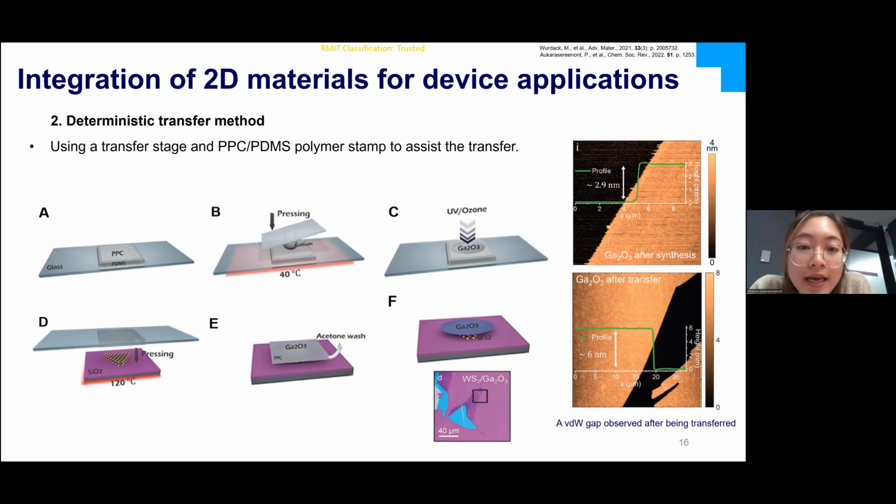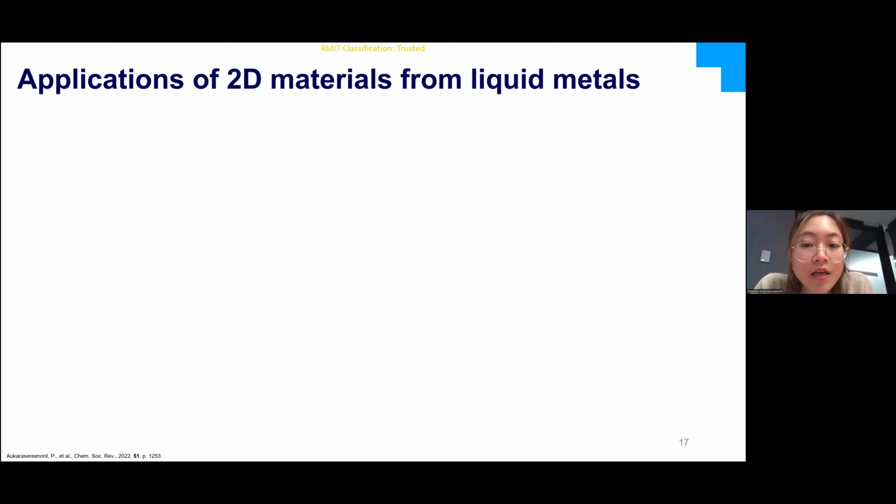You can see here that originally the gallium oxide after direct synthesis on a substrate has a height of around 3 nanometers, but after the transfer, the height increased to 6 nanometers, and this is a result of the van der Waals gap that we were talking about.